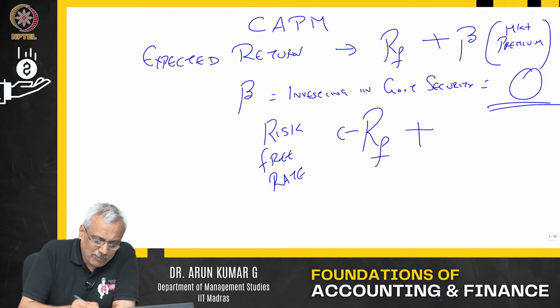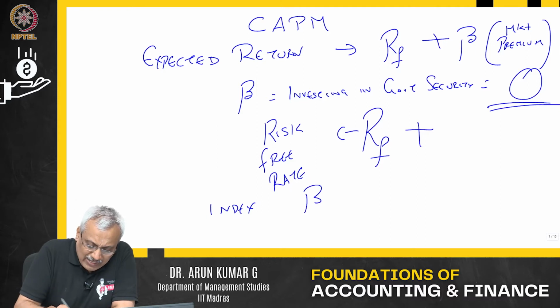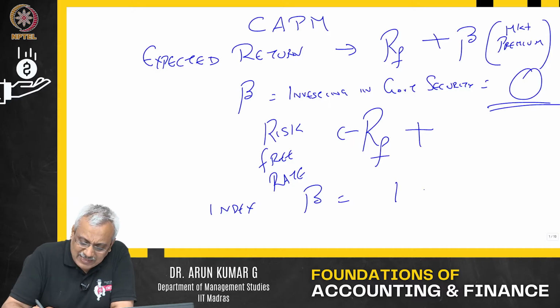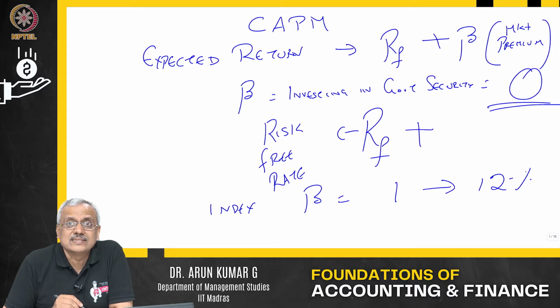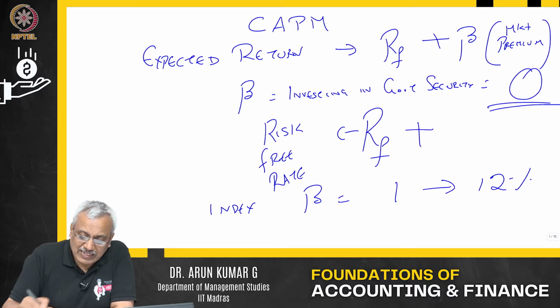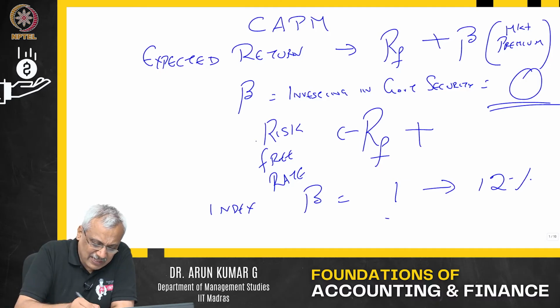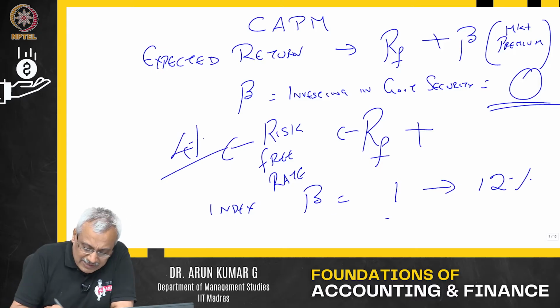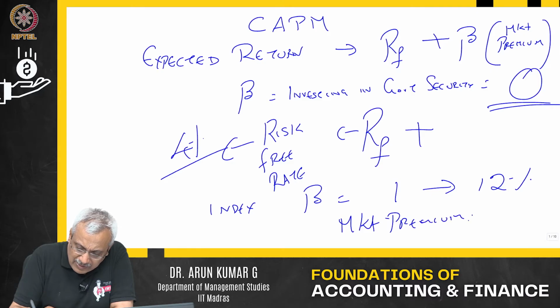Now, I say that I am going to invest in an index. The beta of the index is 1, and my index is giving me 12% return. That is what I took yesterday in the last class. If the index is giving me 12%, and my RF currently, let us say, is 4%, that means my market premium is 8%, that is 12 minus 4.